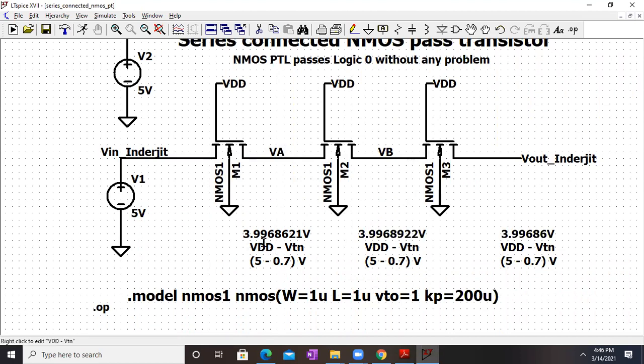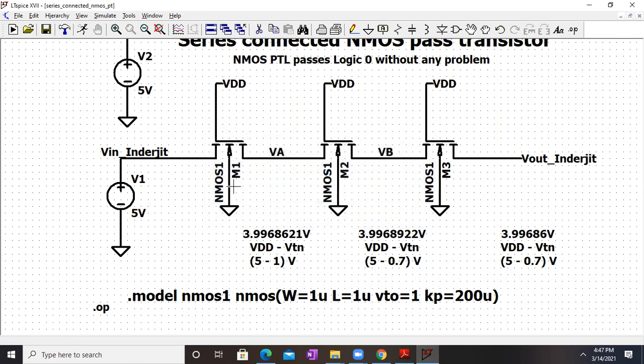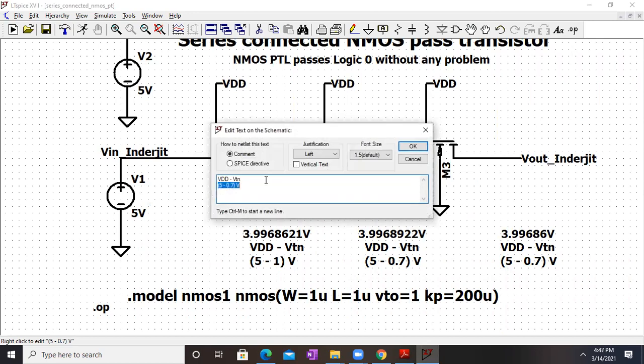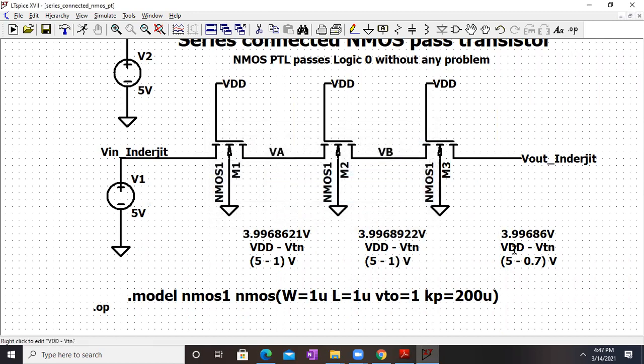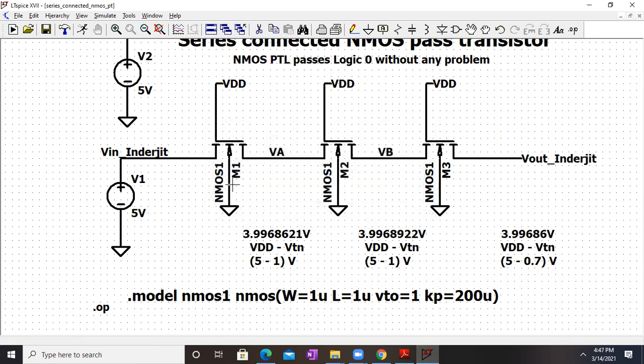So over here, it should be 5 minus 1, that is 4 volt, and we are getting 3.99, as you can see extremely clearly. Earlier we got it as 0.7, but right now it is 5 minus 1 volt. But at all the three places, that is VA, VB, and V out, we are getting the same voltage.